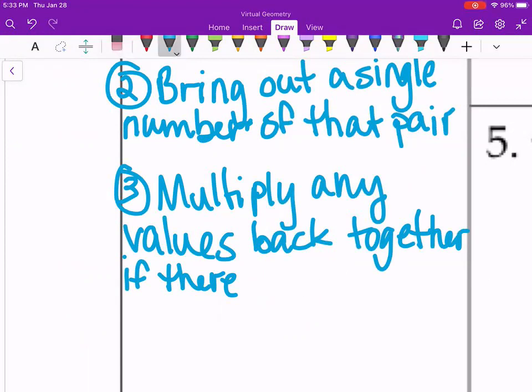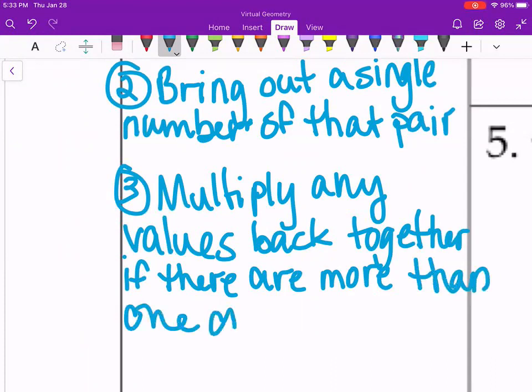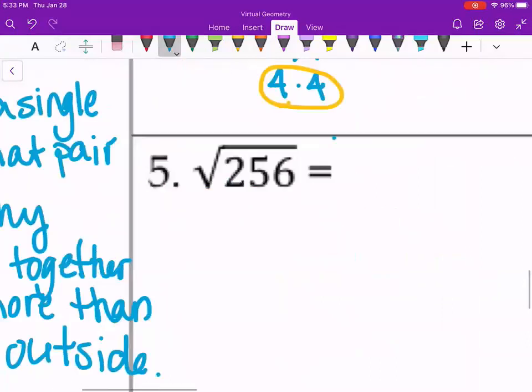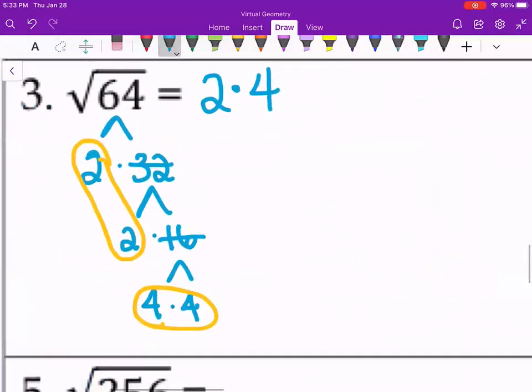We'll leave it at that. And so that gives me my final answer once I multiply the two of those together, which is my 8.